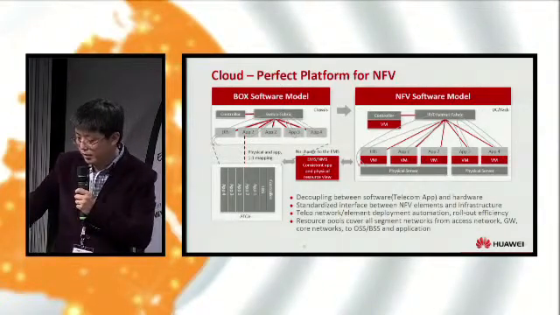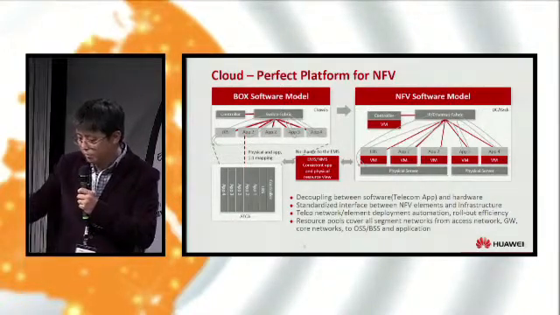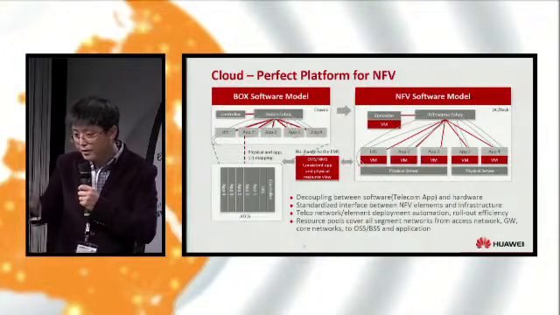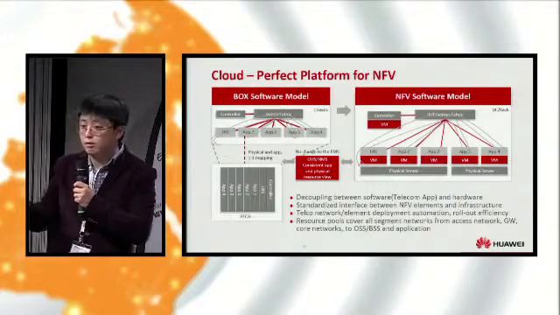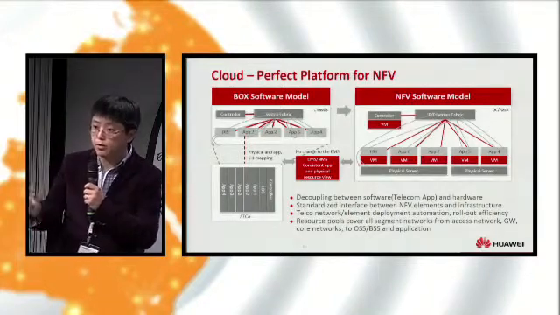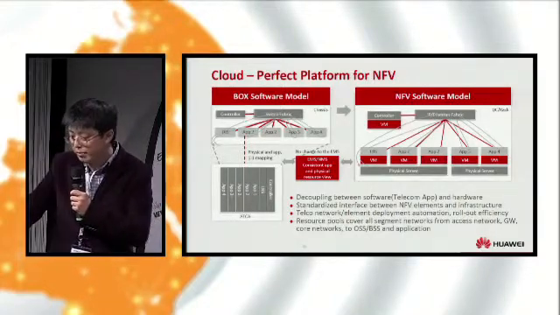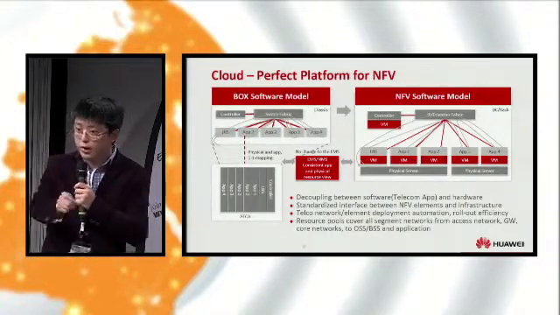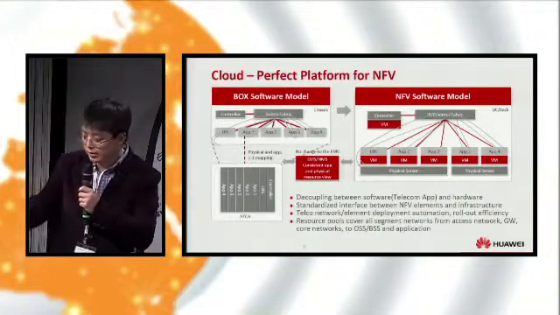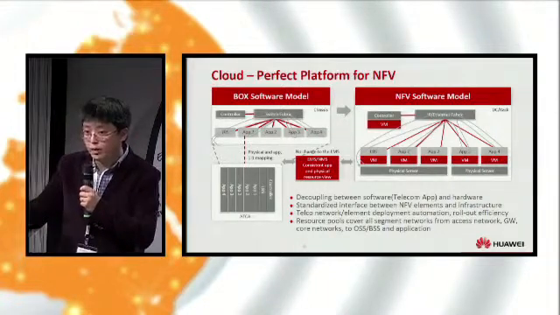That could be a chassis of blade servers, and within this chassis you have different blade servers, and each blade server hosts a particular network application. Normally one blade hosts one particular network application. That's a one-to-one mapping.